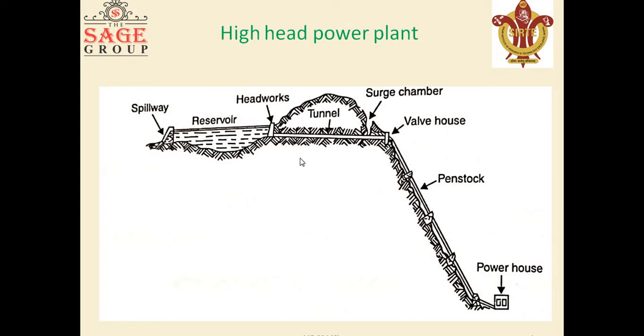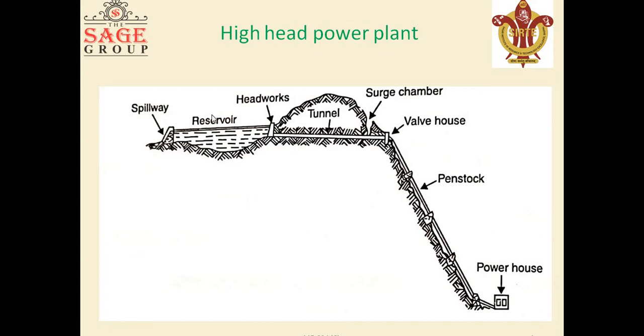So this is the general discussion about the high head power plant. We should know, first, the head is 100 and above, and second, the Pelton wheel is used as a prime mover or turbine in high head power plants.